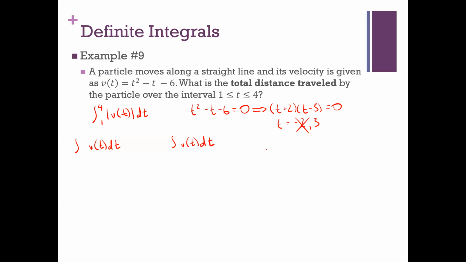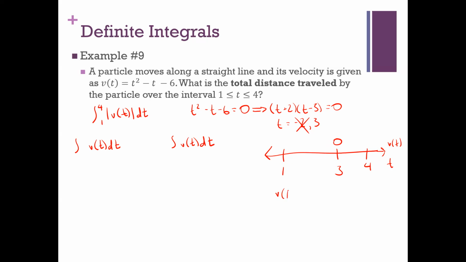Okay, so I know I'm looking at, and I can use this thing for all kinds of stuff. I know that I only care about time values from 1 to 4. I know that at 3 seconds, the velocity is 0. But yeah, you're right. I need to know on which one, if the velocity is positive or negative on these intervals. So what's a good test point to use for the first little subinterval here from 1 to 3? Why not 1? I just might as well use the end of the interval.